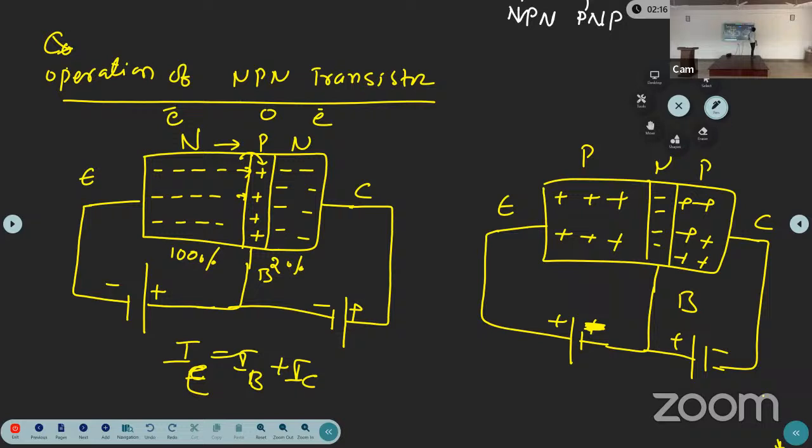See, the total current is IE equal to IB plus IC.